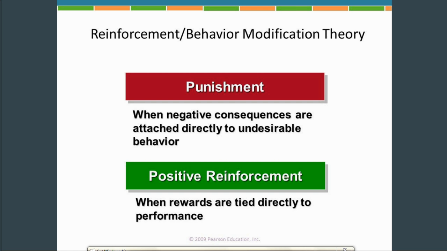And positive reinforcement is basically just rewards. It's kind of confusing: positive reinforcement is obviously positive, and you would think that punishment is negative, but that's actually not the case. Negative reinforcement is different from punishment.